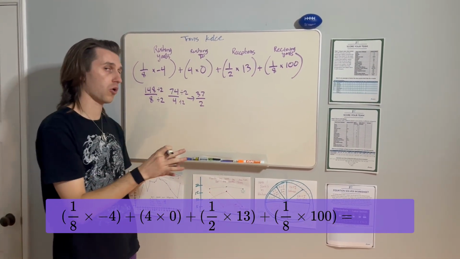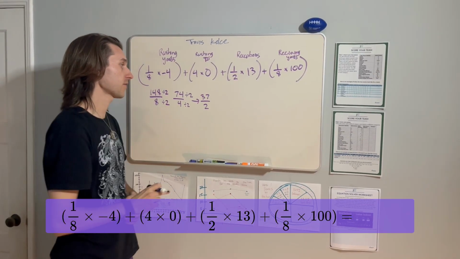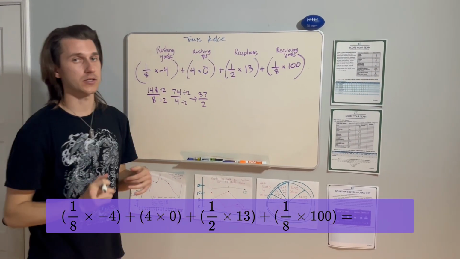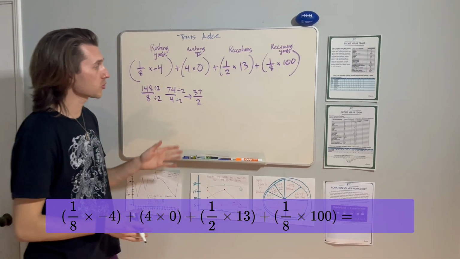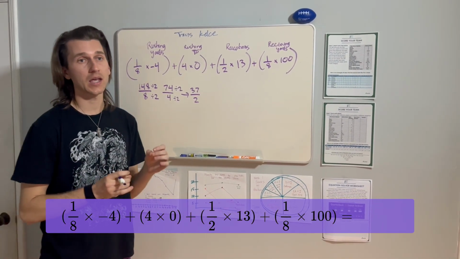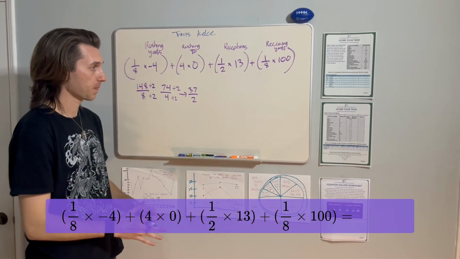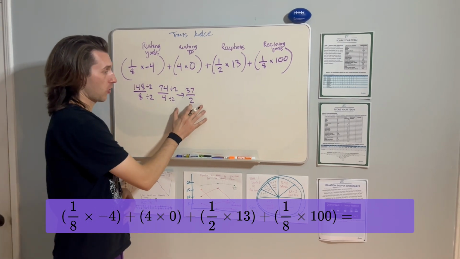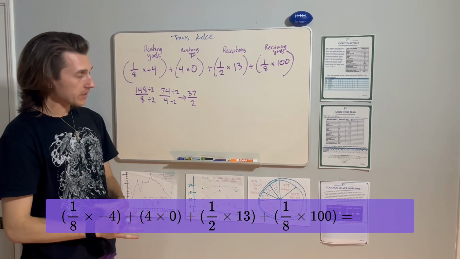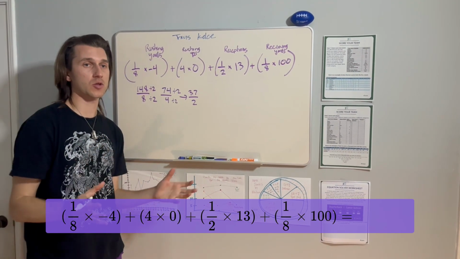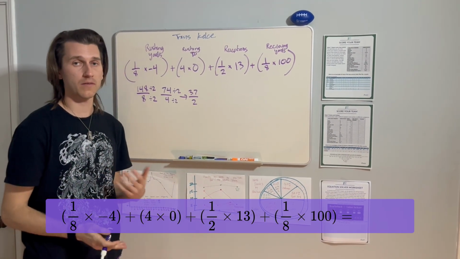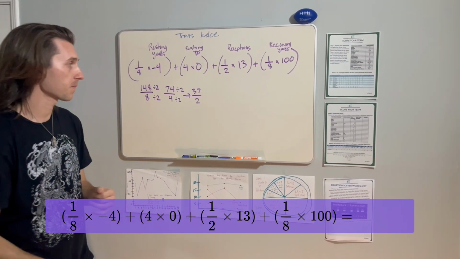2 is no longer divisible, and 37 is not divisible by 2. So, what we need to do is end up with a mixed number. The way that I'm going to solve this right now is I'm going to split 37 into a number that I know is divisible by 2. There's a lot of different ways to solve it. You might have your own method that you prefer.